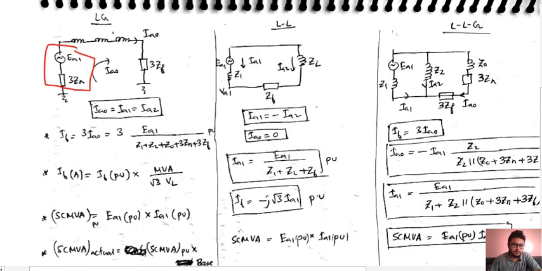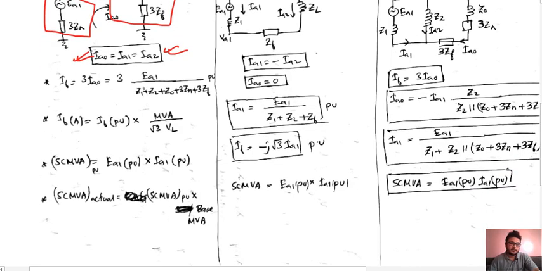Here the currents flowing are IA0, IA1, IA2. All currents are flowing, because they are in series. Is it clear? And what is the fault current? 3EA1 by Z1 plus Z2 plus Z0 plus 3 times Zn plus Zf.